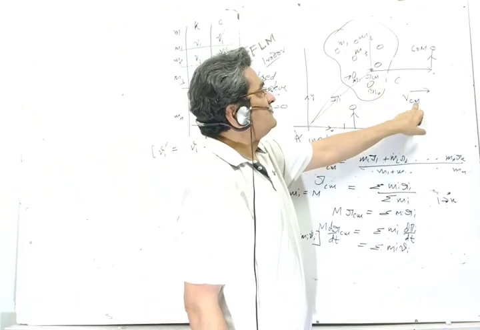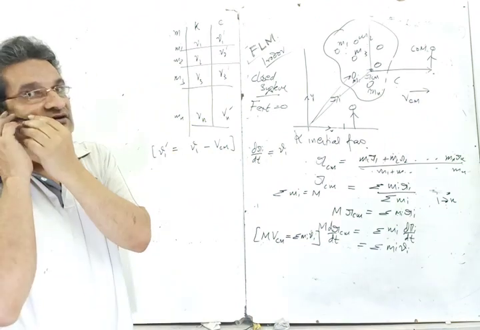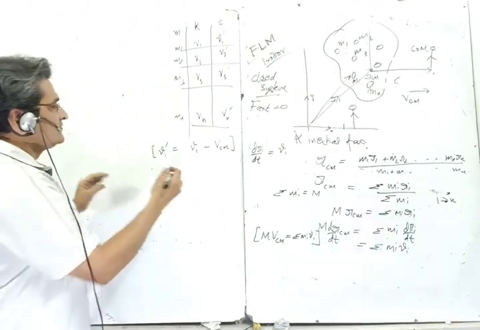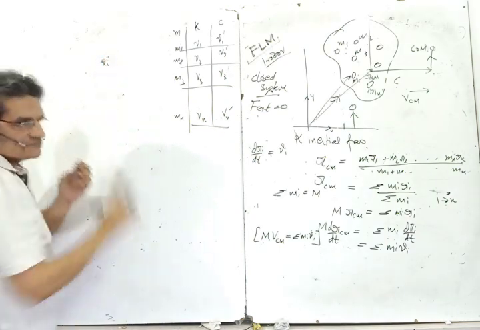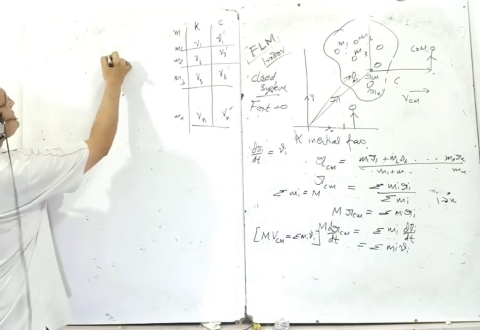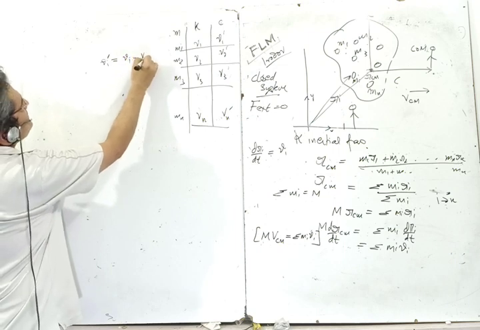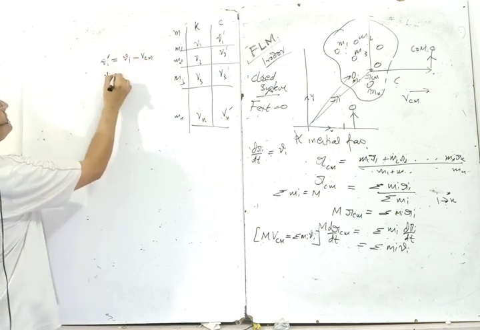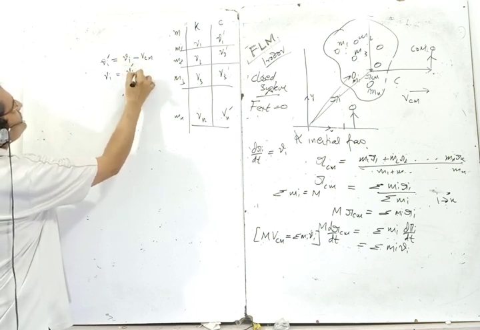Center of mass is moving with VCM. So my velocity in the center of mass frame is nothing but the relative velocity to center of mass. So I write the general formula: Vi dash is equal to Vi minus VCM, or I can write Vi is equal to Vi dash plus VCM.